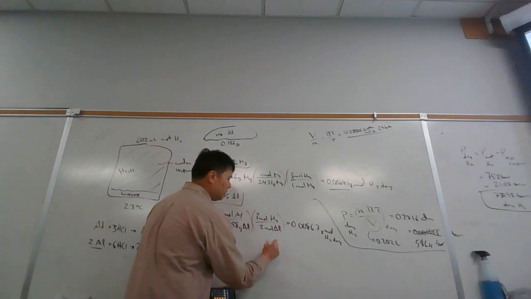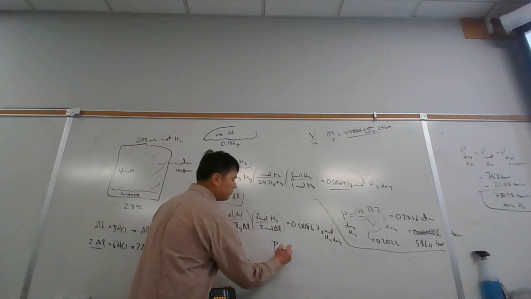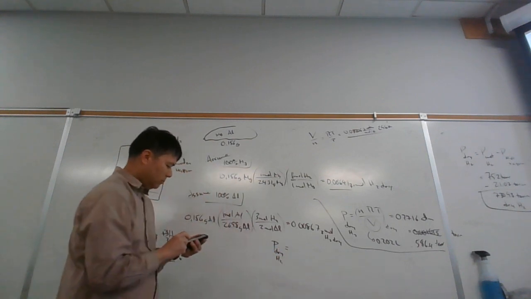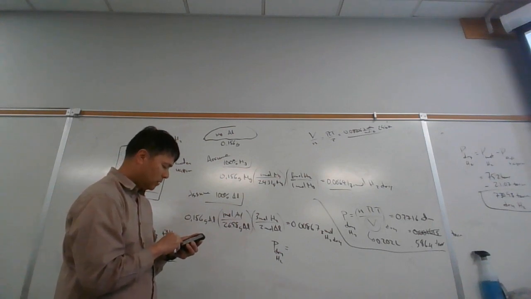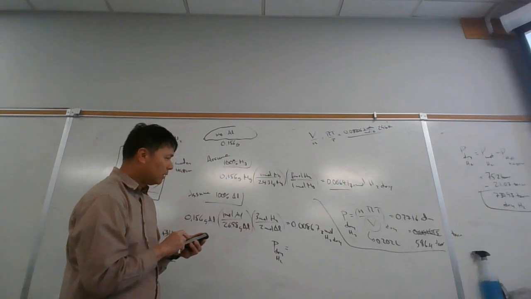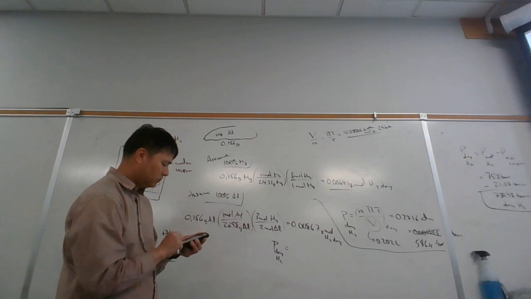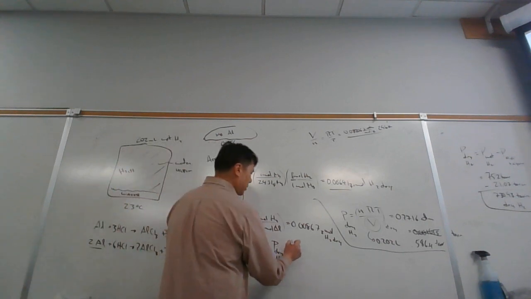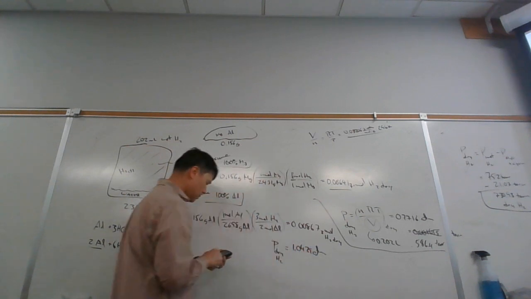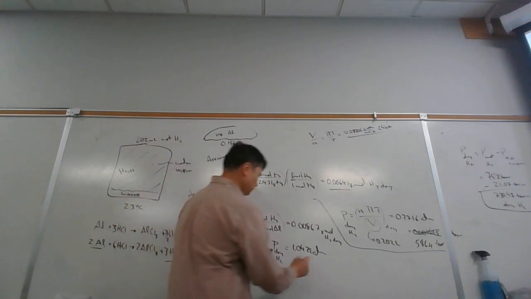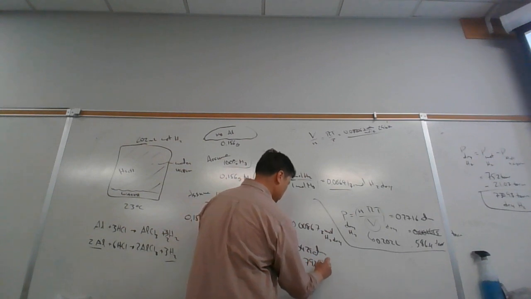Now we're going to calculate the pressure of the dry hydrogen that we would have gotten from this. It's going to be this times R, 0.08206, times T, 296, divided by V, which is again 0.202. That gives us 1.0429 atmospheres times 760, which is equal to 792.6 torr.